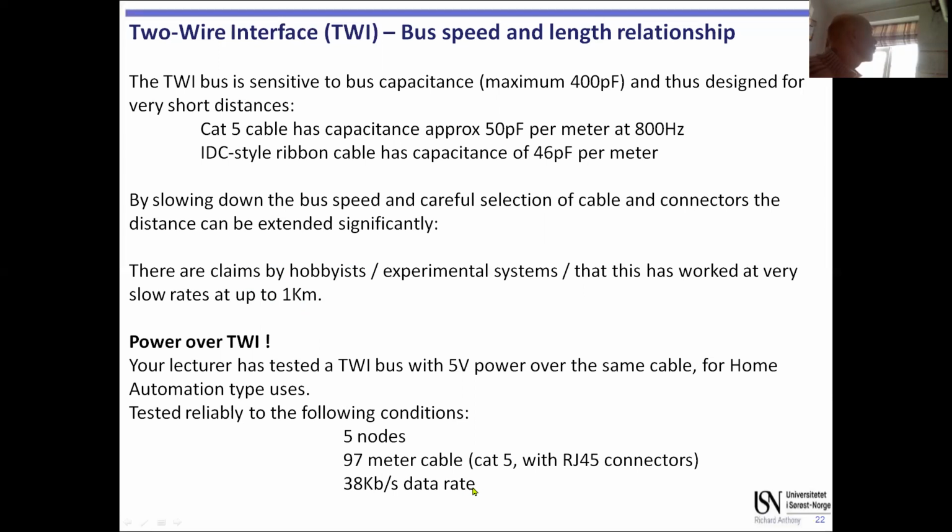So the rule you have to follow is that any cable has reasonably high capacitance, and you have to make sure the capacitance does not exceed 400 picofarad on the whole bus, regardless of how long it is or how many devices are connected. Okay. The speed I used to get this distance, I had to go down to 38 kilobits per second, which was absolutely fine for simple sensor control.